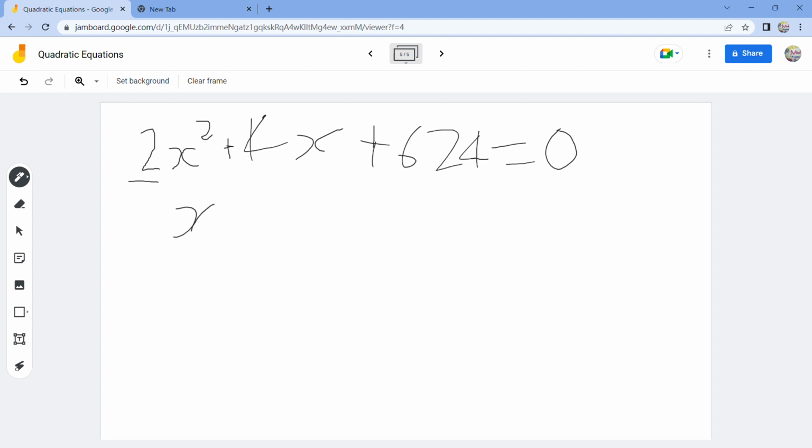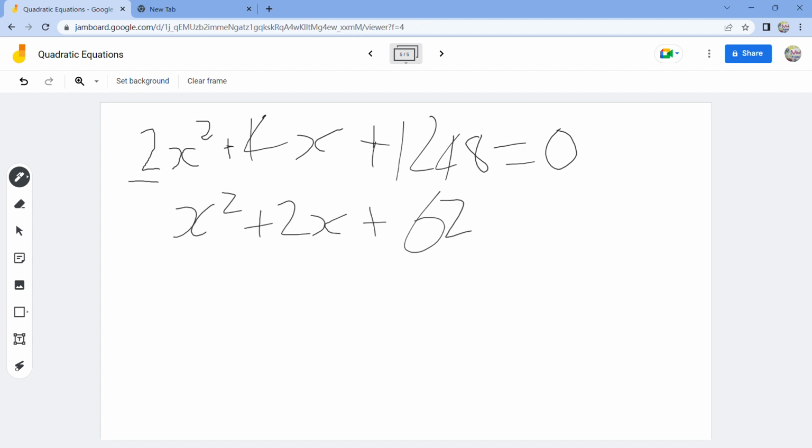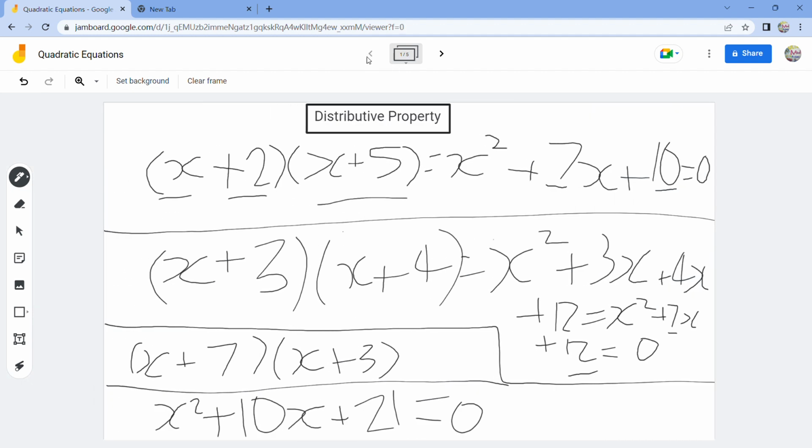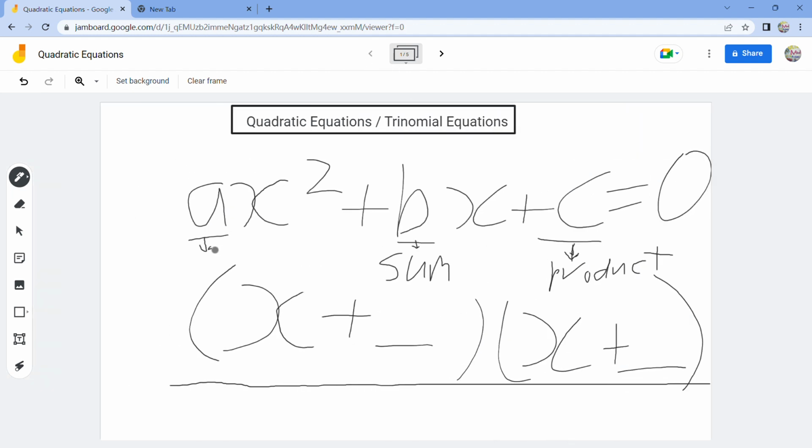So what we have to do is that we're going to divide the whole equation by this coefficient. But it can't be 0 because you cannot divide by 0. So then it becomes x squared plus 2x plus, sorry guys, this should be 1248. Yeah, so this is plus 624.